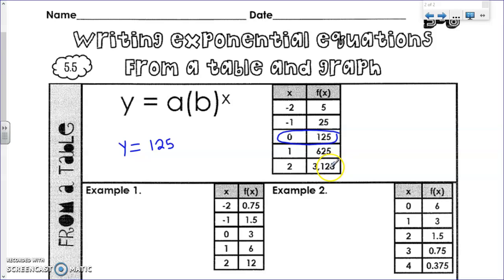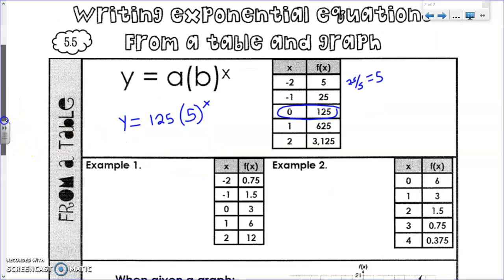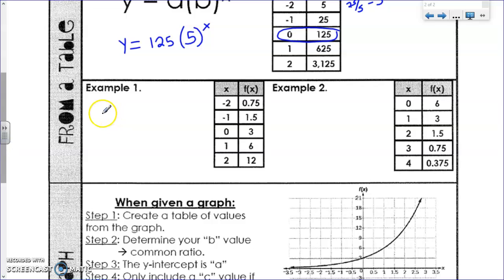Bigger. So I know my b is going to be greater than 1. So how do I get from 5 to 25? By 5, because I could do 25 divided by 5, so that equals 5, and then 125 divided by 25 is 5, so my b is increasing at a growth rate of 5, and then x. Does everybody understand that?